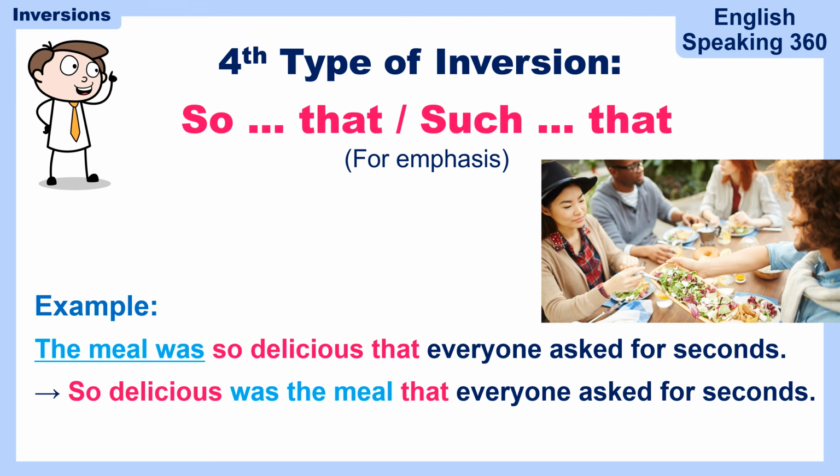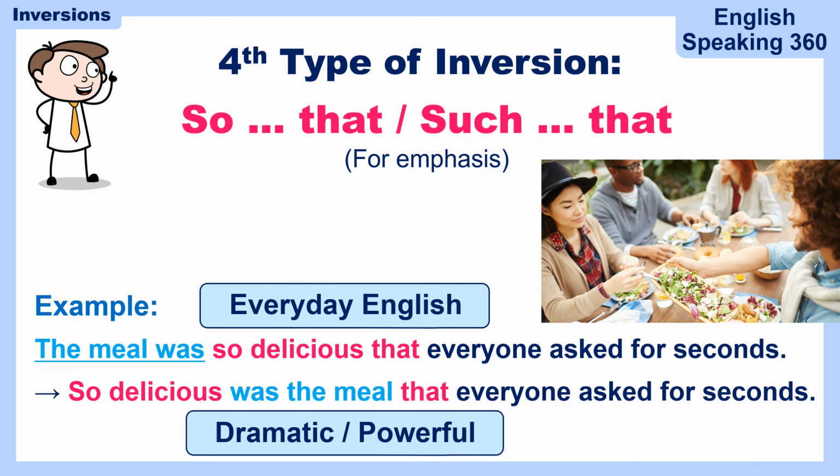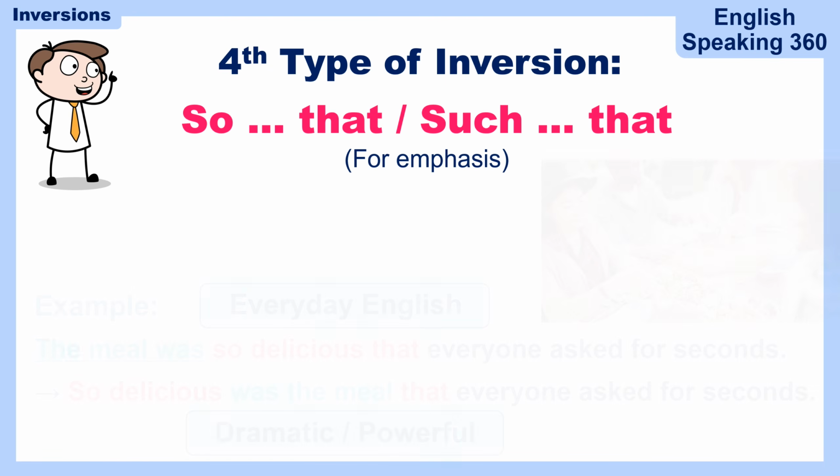So delicious was the meal that everyone asked for seconds. So delicious was the meal. That is much stronger. Now, the first one is everyday English. The second one is dramatic or powerful. But it's also used very often when telling a story. Now, let's go with one more example.